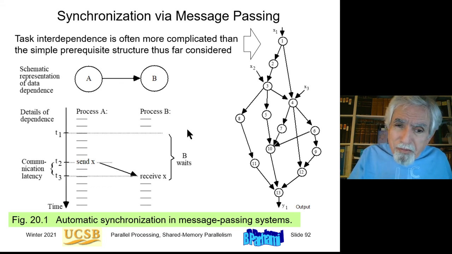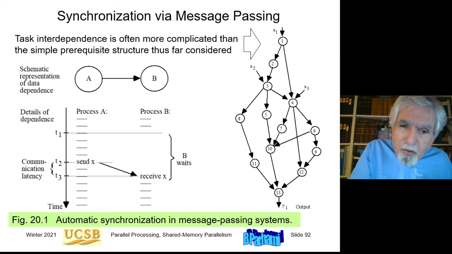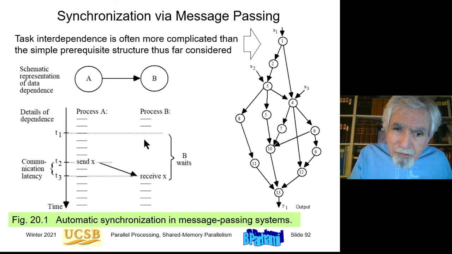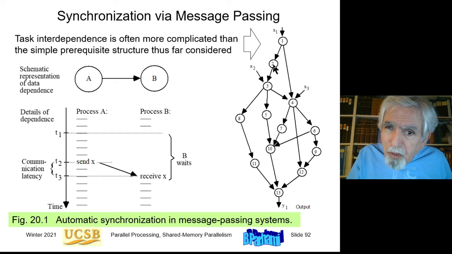So this is a more refined type, where waiting occurs only where values are needed by one process from another process. A process that needs something from another process does not have to wait until the other one is complete.